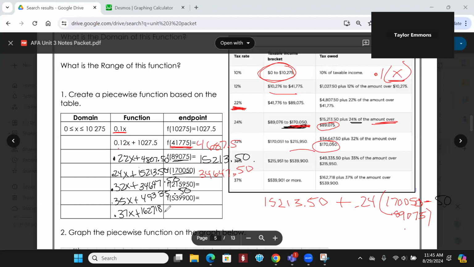All right, so in the equation, we're going to do 0.32 times 215,950 minus the amount 170,050, plus 34,647. What is that going to give you?